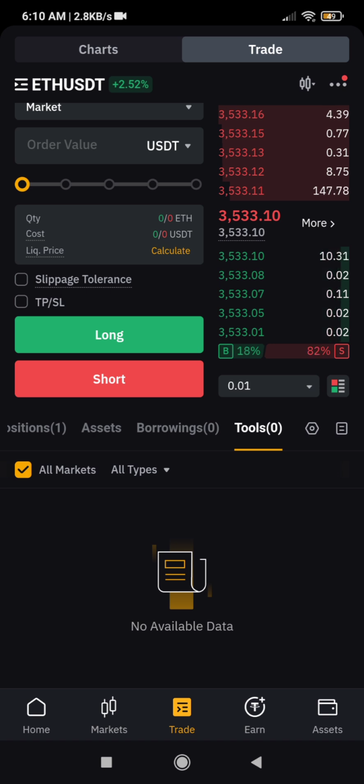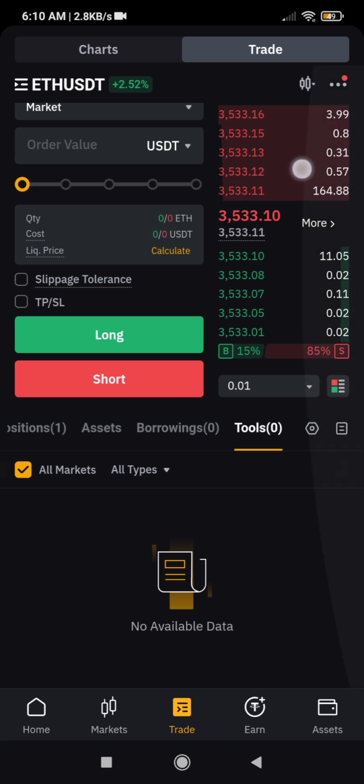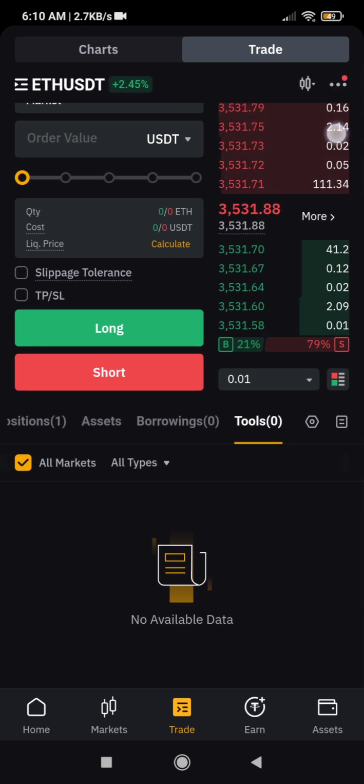In order to avoid that, you will want to buy from this person at this price, from another at a higher price, from another with a price higher up, until you have your order completely filled, until you have up to 1 million of the Ethereum that you want to buy.